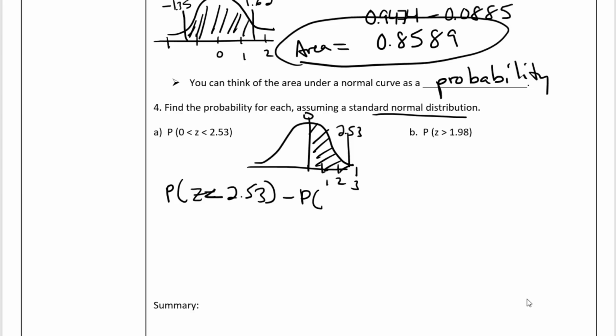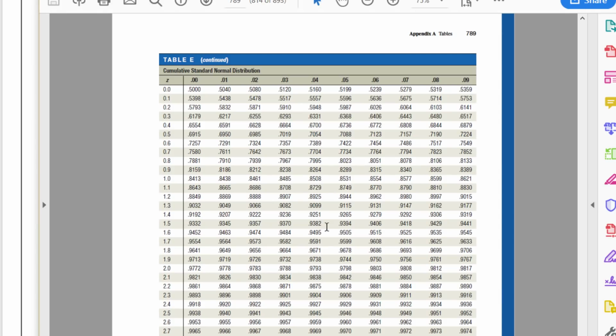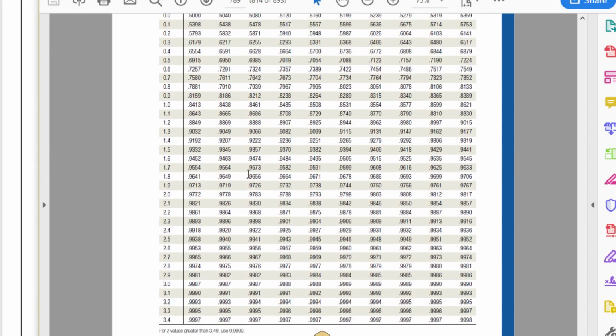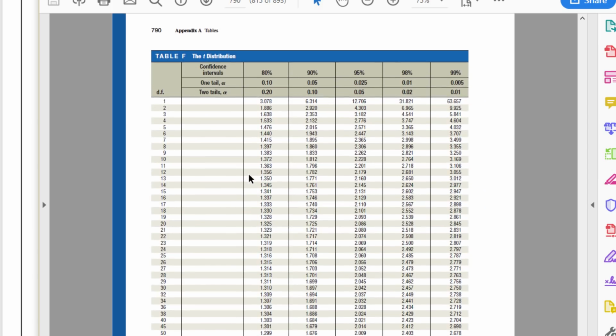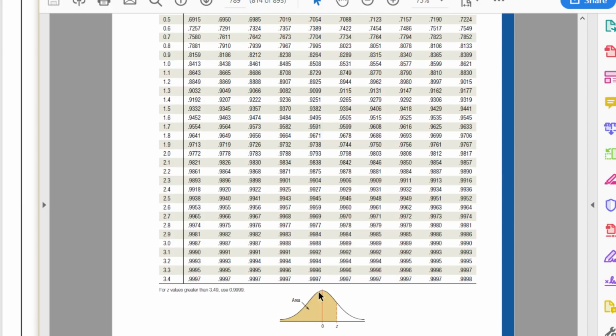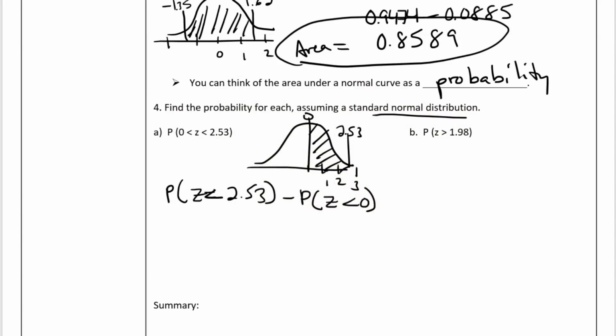And then you're going to subtract that from the value for 0. Remember that the table gives you the area to the left. You see that picture there? This picture right here actually gives you the area to the left, which means where z is less than a number. That's why I use z is less than. So I look up the value for 2.53 and the value for 0. And this is how I write this in notation. So you can practice; this is how you go about writing it.